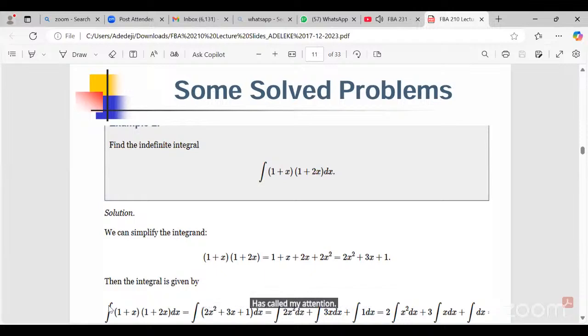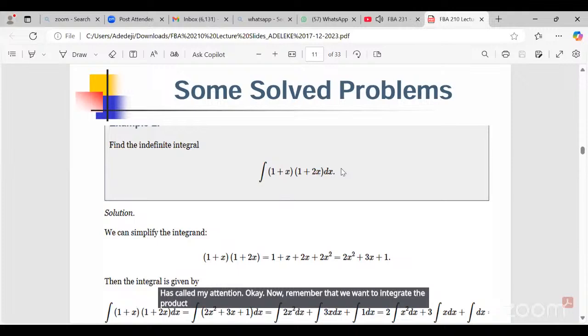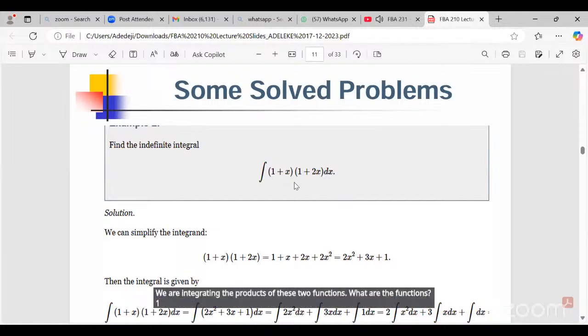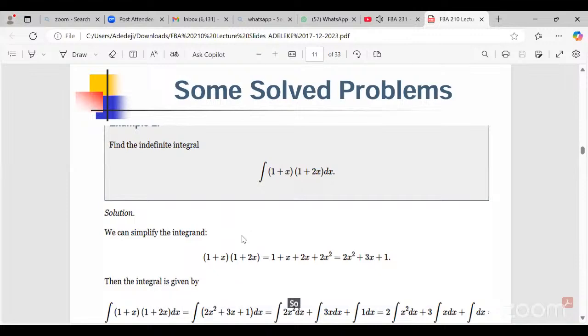Okay, now remember that we want to integrate the product of two functions. We are integrating the product of these two functions. What are the functions? 1 plus x and 1 plus 2x. Their product after the expansion will yield 2x squared plus 3x plus 1.